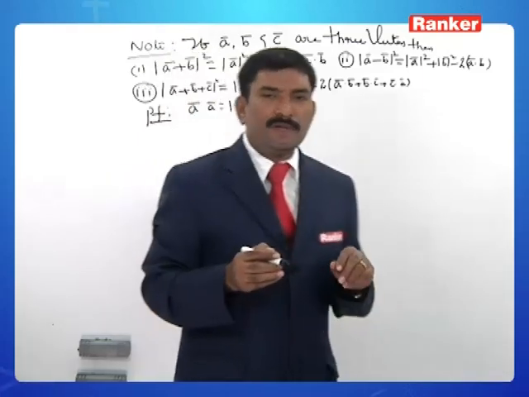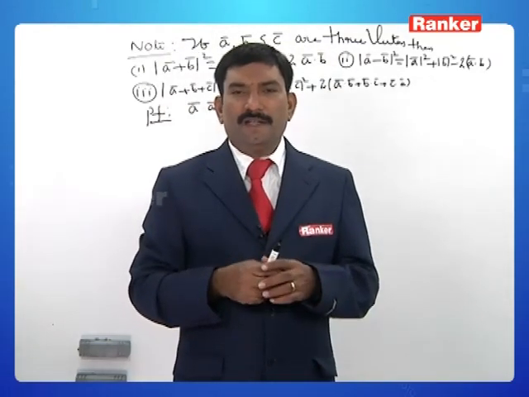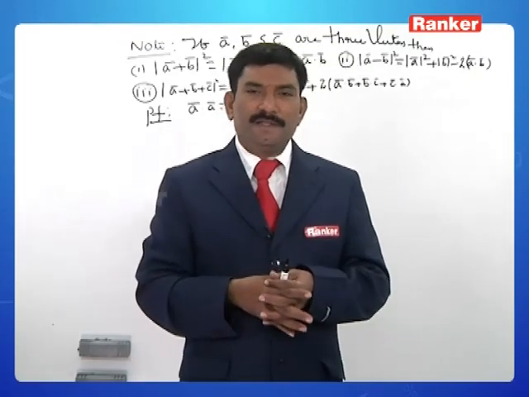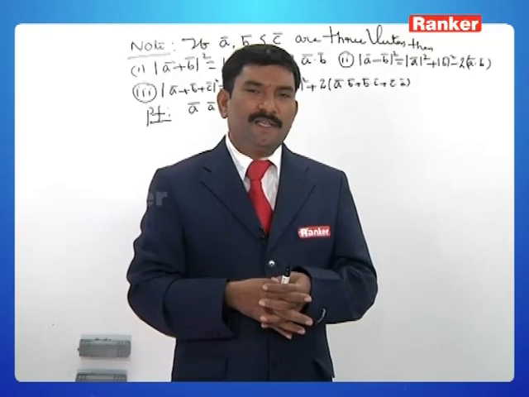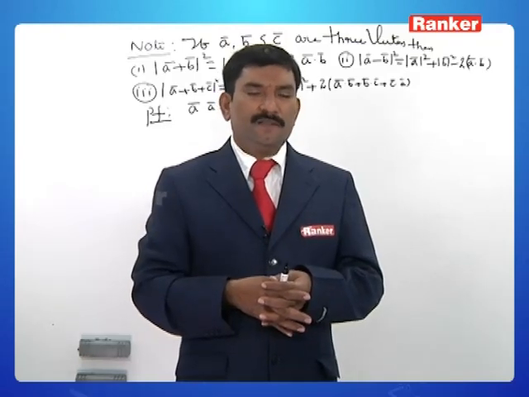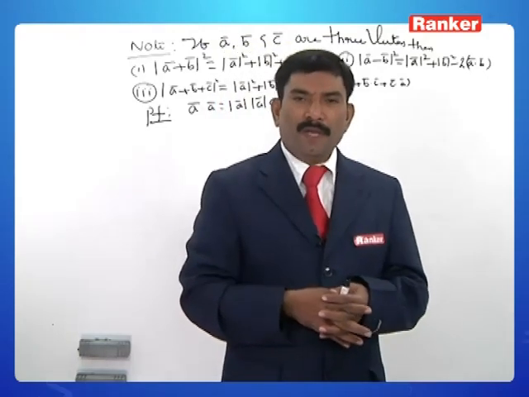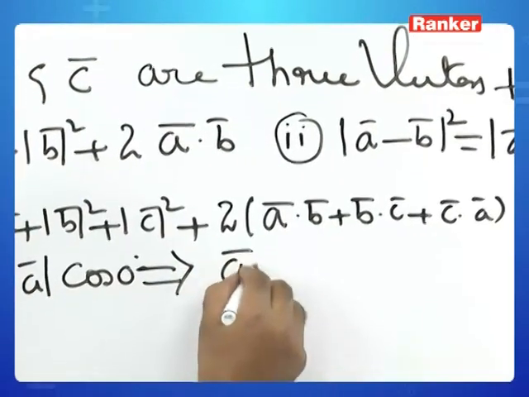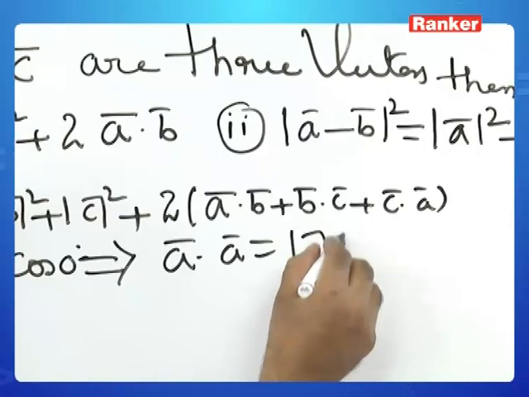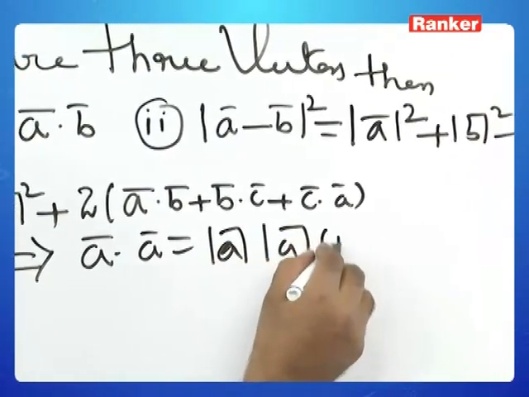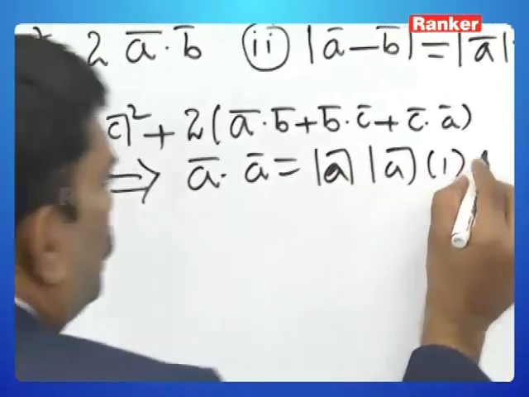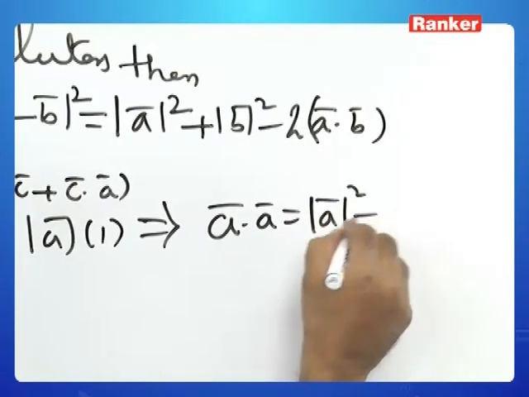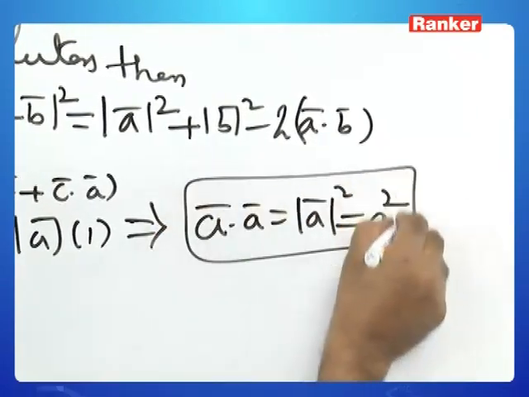The angle between the same line, a line with the same line, is 0 degrees, just like the angle made by the x-axis with the x-axis. Therefore, I can write this as mod A into mod A into 1, which implies A bar dot A bar is equal to mod A whole square, which is A bar square.